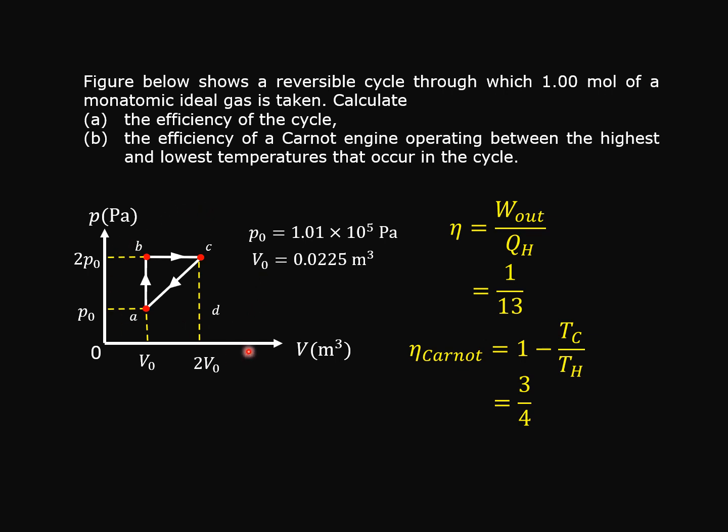The efficiency for this practical engine is 1 over 13. But if there is a Carnot engine operating at the same highest and lowest temperature, we can see that the efficiency is 3 over 4.